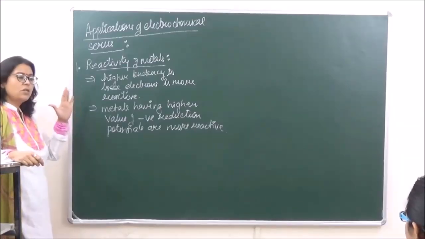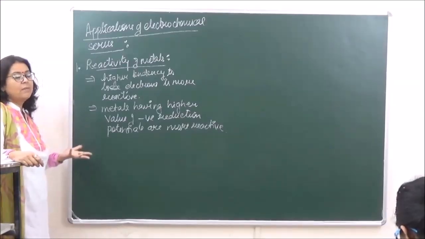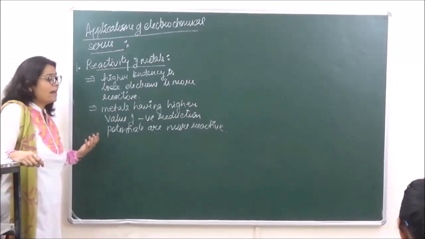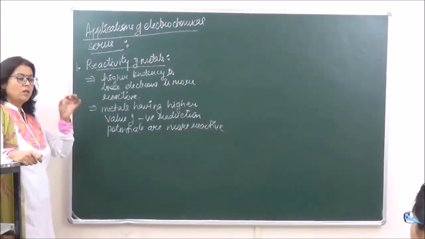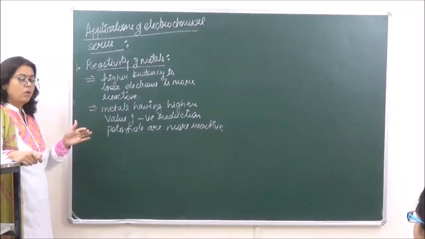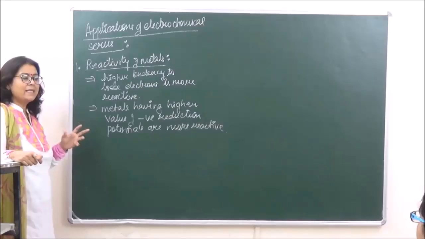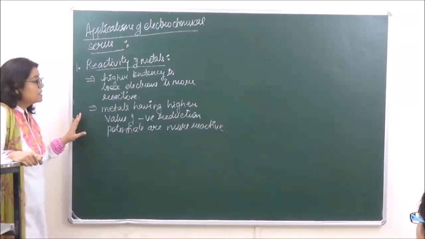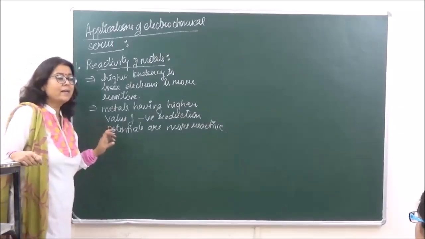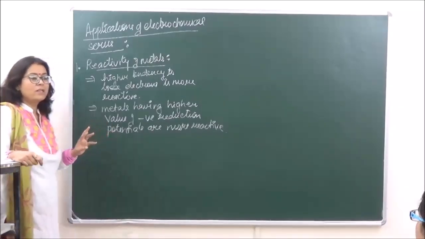If the ionization energy is low, the electron can be easily removed. But in case of alkali metals, the lithium is the first metal of the group. So as a result, its ionization energy should be very, very high, isn't it? But still, lithium has the highest value of reduction potential.